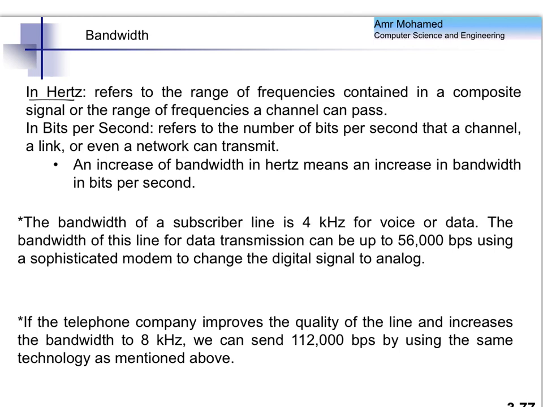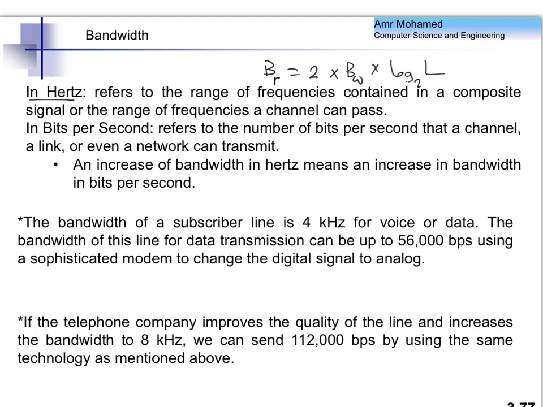But this bandwidth can be defined in bits per second. In bits per second, we can use the Nyquist equation, which tells us that the bandwidth in terms of rate, bits per second, equals 2 times the bandwidth in terms of hertz times log 2 of L. So the two are proportional to each other based on this equation.